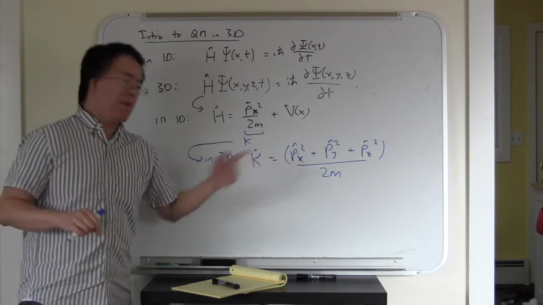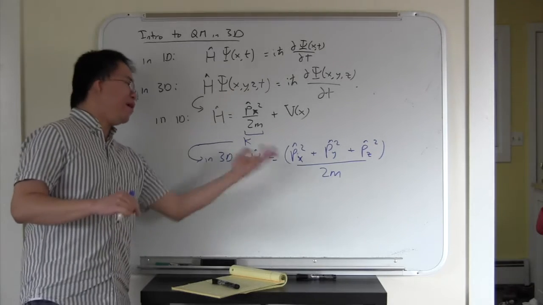Now, how do we get these operators themselves, p_x, p_y, and p_z?